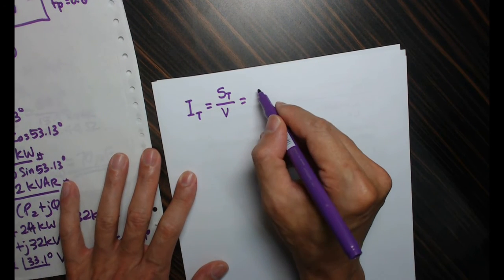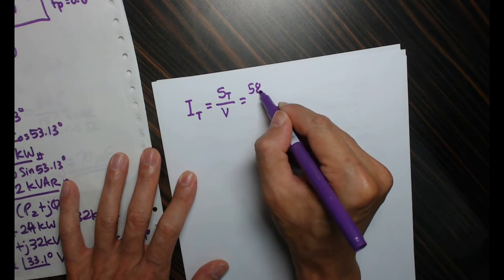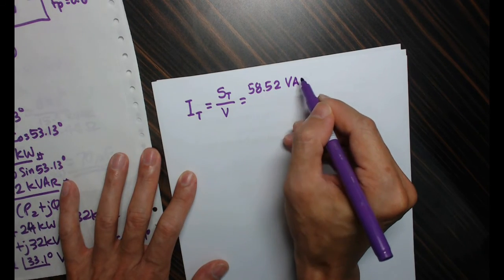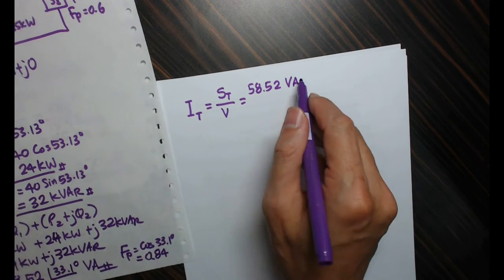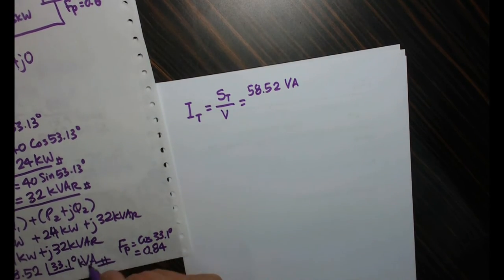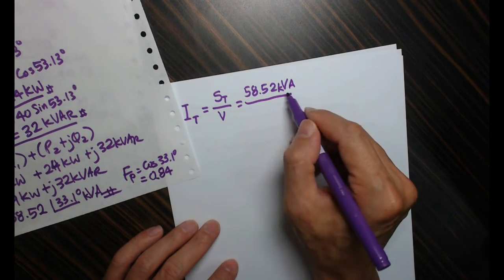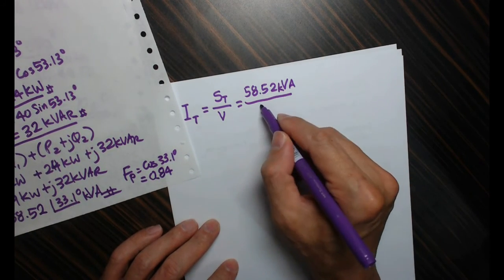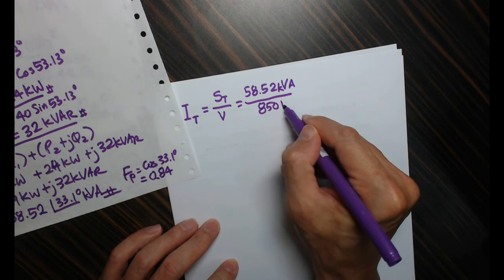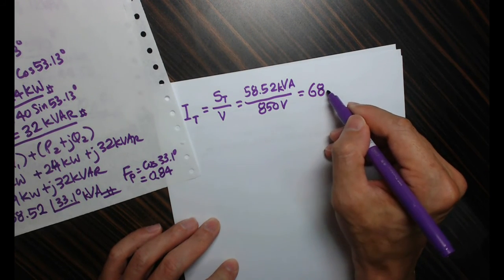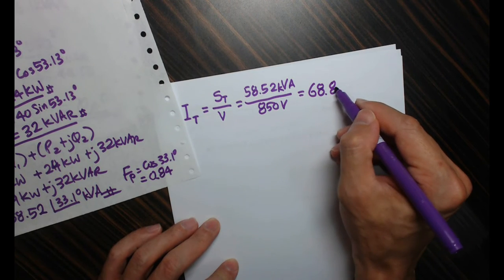So S total, we have 58.52 kVA, divided by the voltage applied, 850 volts. So that gives me a current of 68.85 ampere.